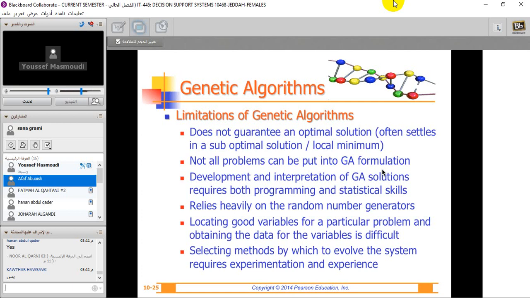Development and interpretation of genetic algorithm solutions requires both programming and statistical skills. It relies heavily on the random number generators. Locating good variables for a particular problem and obtaining the data for the variables is difficult. Selecting methods by which to evolve the system requires experimentation and experience.